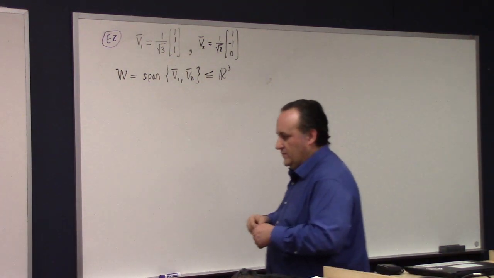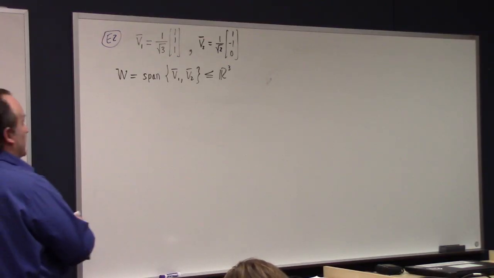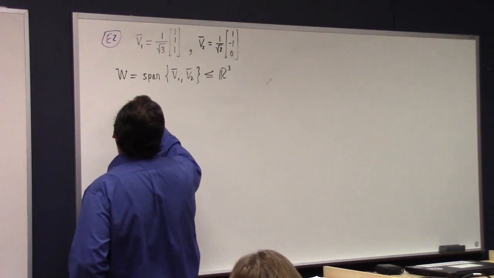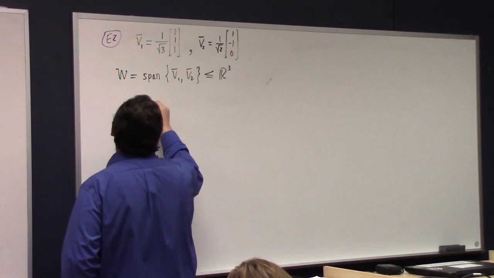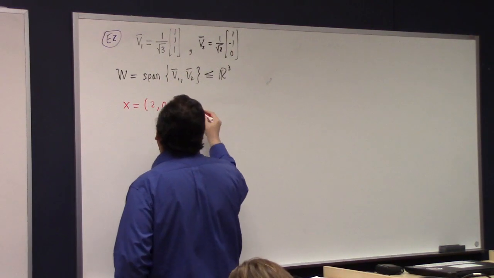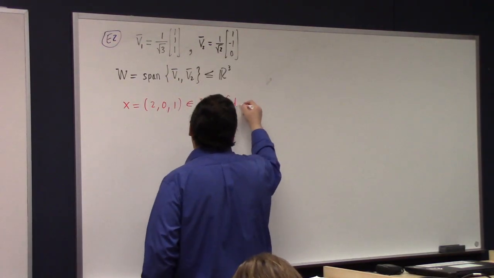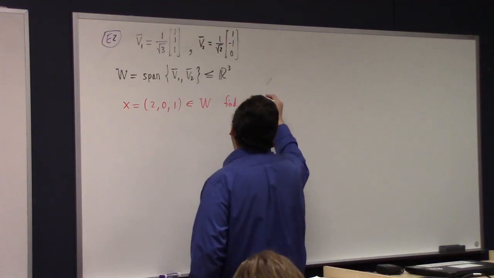And then I could ask, what are the coordinate vectors? If I take, for instance, x equal to (2, 0, 1), that's actually an element of W. Find the coordinate vector of x with respect to beta bar.